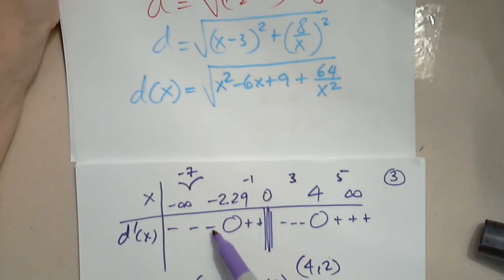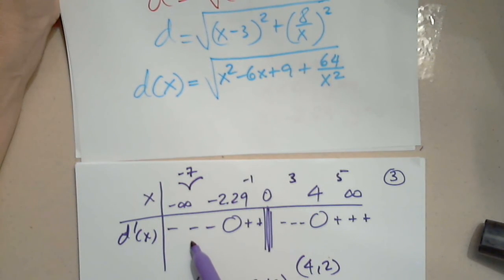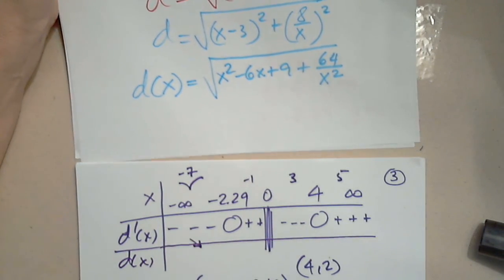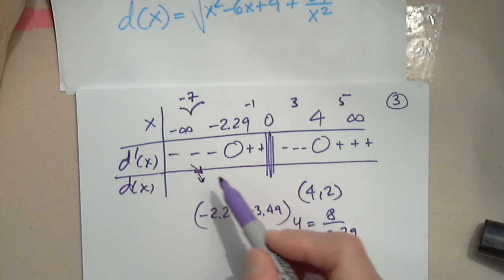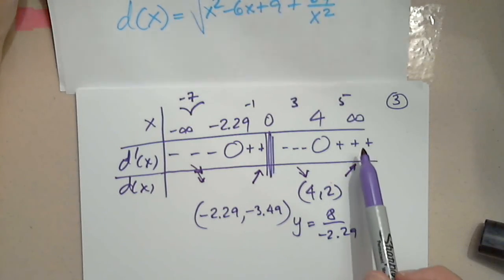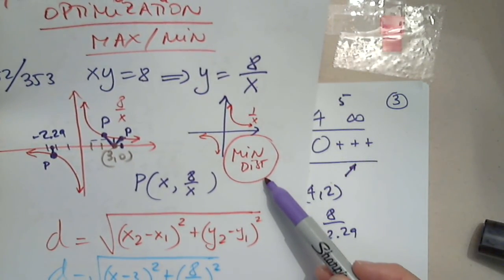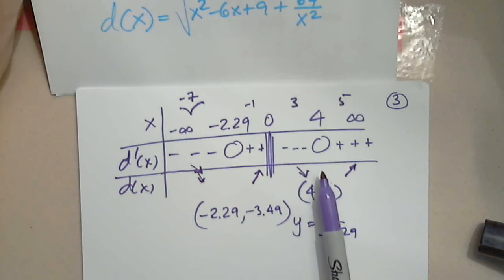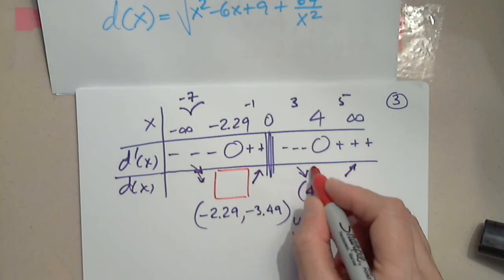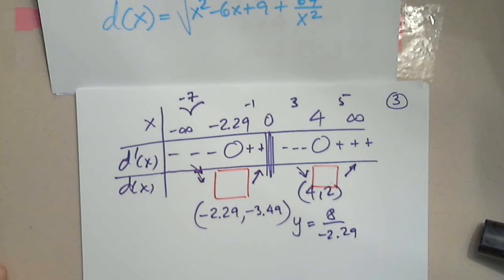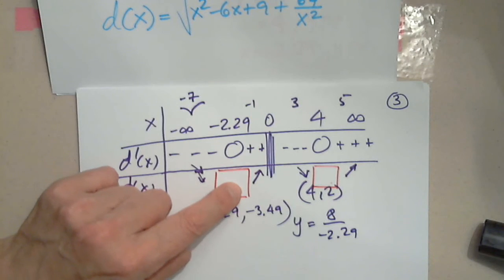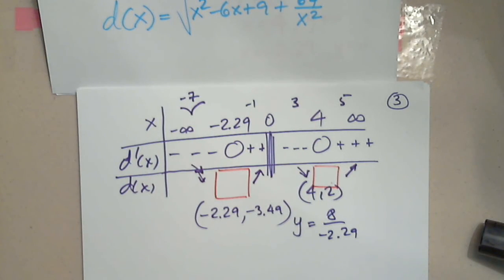Okay, so the function, obviously, d of x, the function obviously decreases, increases, decreases, and increases according to the sign of the derivative. And we are asked to find the minimum distance. We do have 2 points. Now we will decide which one is the minimum after we determine the y value. It appears that we have two minima, right? But once I plug in the function this, and I plug in the function this, I will draw a conclusion.